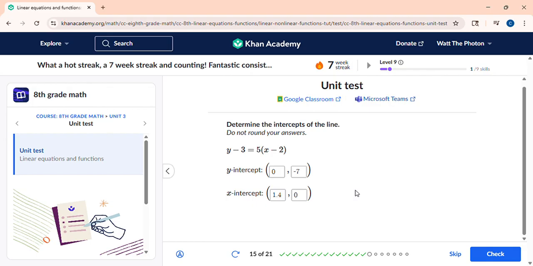Alright, divide by 5. Y is equal to, so that's 5, 0. I'm confused, it doesn't seem right.